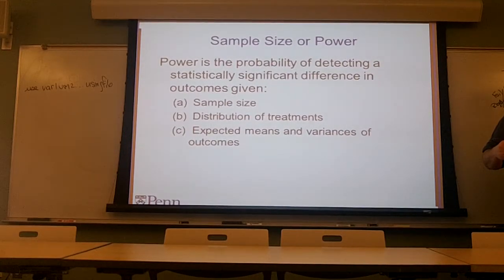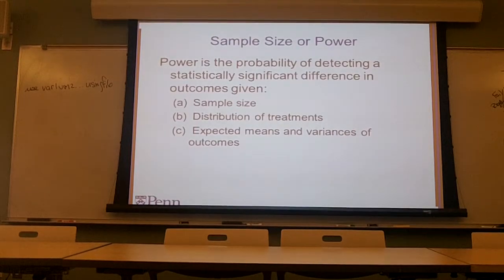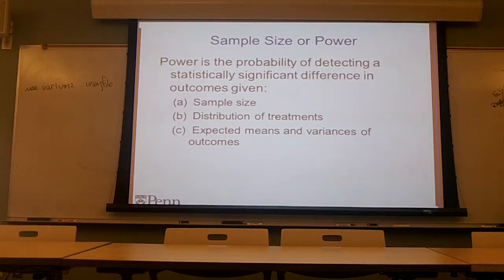And once you have all that information, you can figure out how many people you would need to give yourself some amount of power to reject the null hypothesis at some level of alpha, under the assumption of this big a difference between the two groups with this much variability in the outcome. So you get to decide that, which is kind of empowering, I think, as opposed to going out and doing a study and hoping to God that you get something interesting and you haven't wasted everybody's time. I actually think this is a far more disciplined way to go.